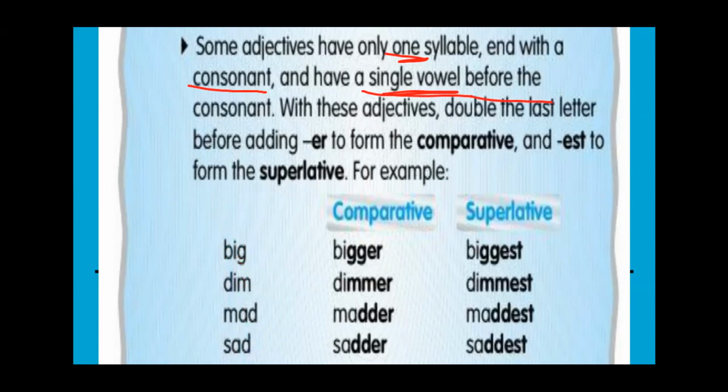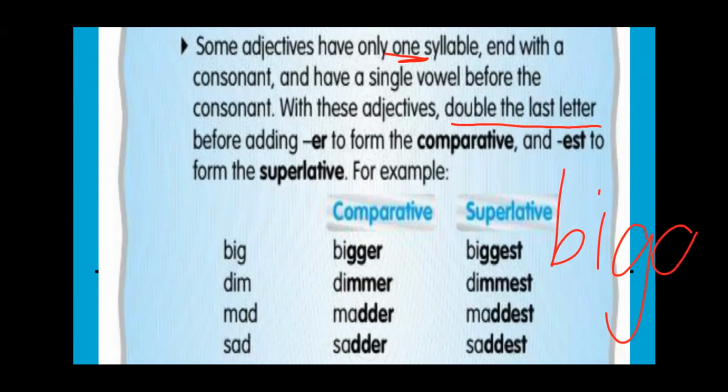So here they are saying that when the words end with a consonant and before that only one single vowel is there, what are you going to do? Double the last letter. If it is big, double the last letter G. Dim, double the last letter M. Mad, double the last letter.